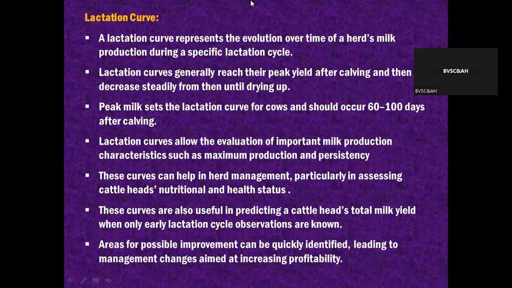These curves are also useful in predicting a cattle herd's total milk yield when only early lactation cycle observations are known. Means when we're early in the lactation, we know those peak yields, and we can predict the total milk yield in a herd. Areas for possible improvement can be quickly identified, leading to management changes aimed at increasing profitability.